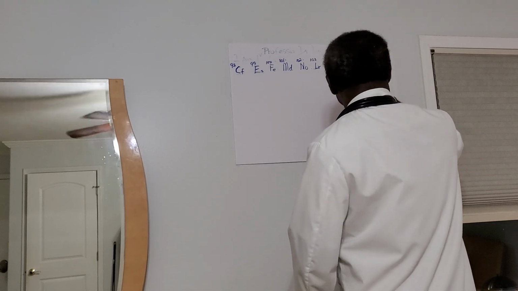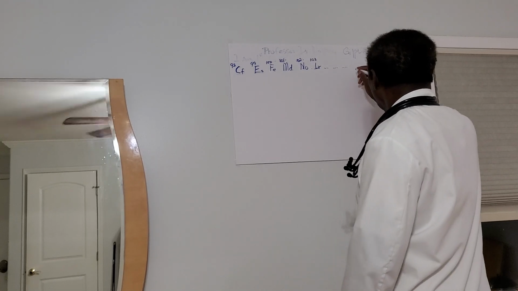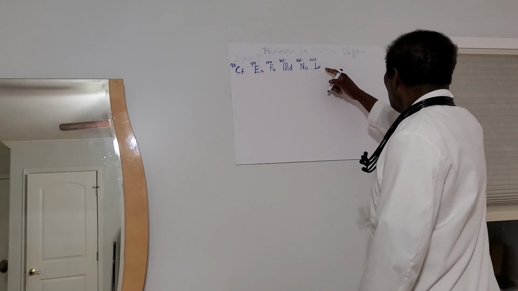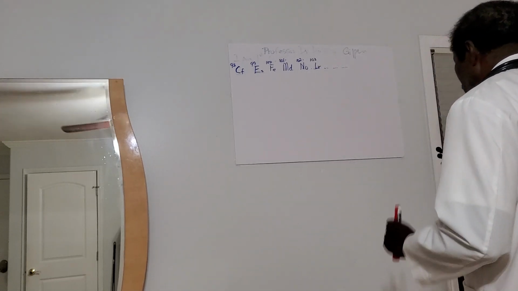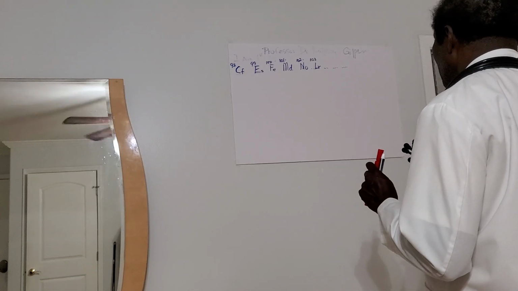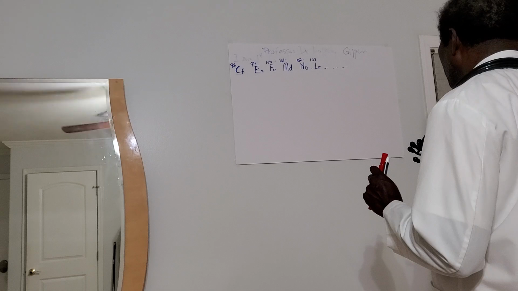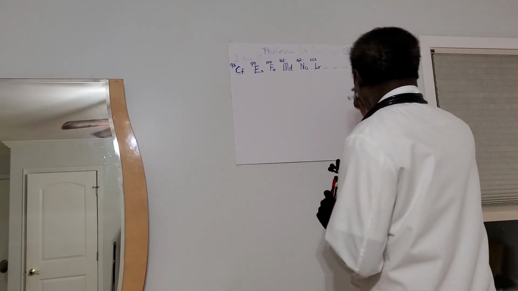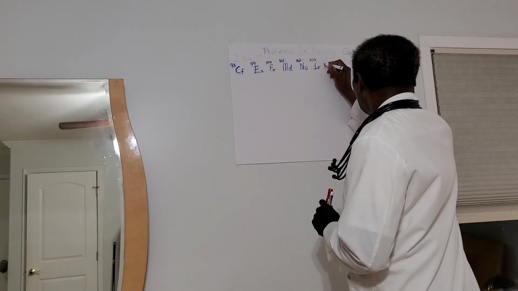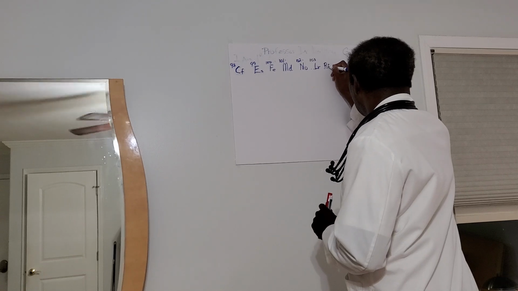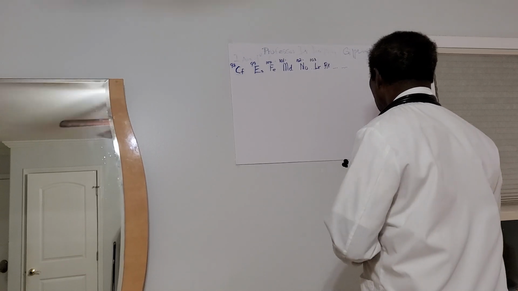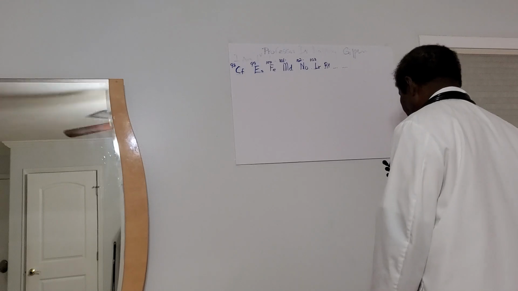Sometimes there's a little lapse, a temporal amnesia at this time. 104, let's see. We have 103 Lawrencium. 104 is Rutherfordium, I believe, RF.